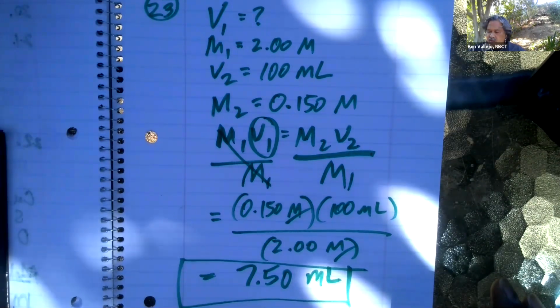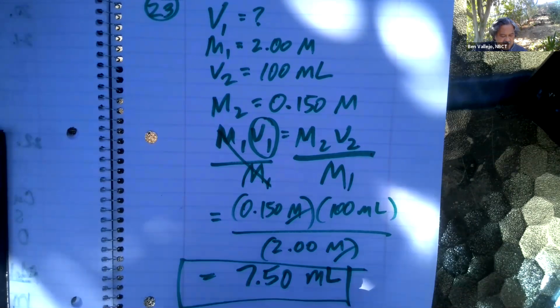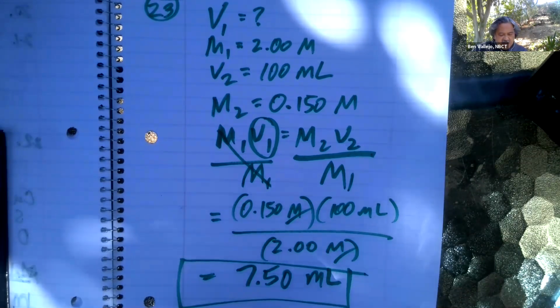Ta-da, that's number 23. Okay, we're doing 22, 23. Let's do 24 through 26. Here's number 24: how many moles of solute are present in 50 milliliters of 0.2 M KNO3? So we want moles of solute.